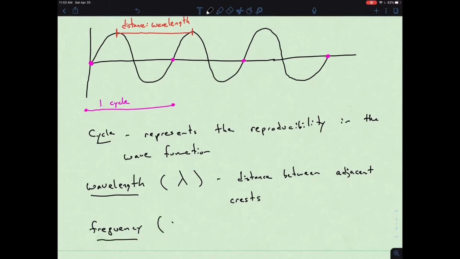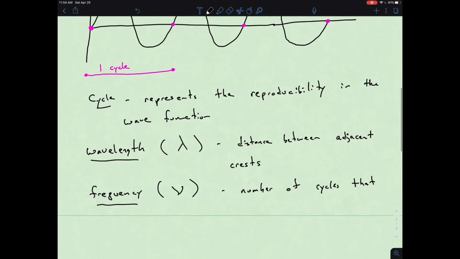We also have frequency. And frequency has this mu, or this kind of funky v symbol. And basically this is looking at the number of cycles that you basically pass by a stationary point every second.